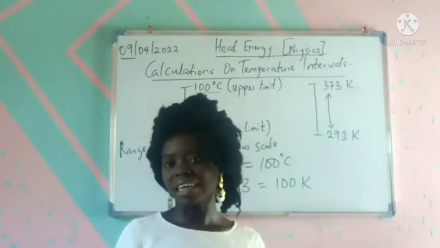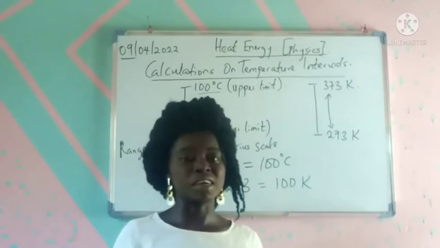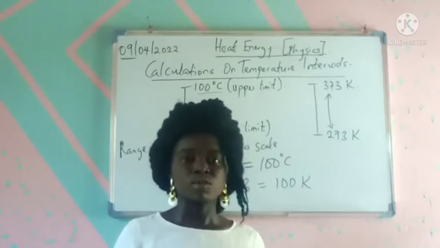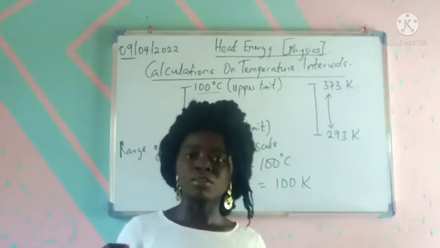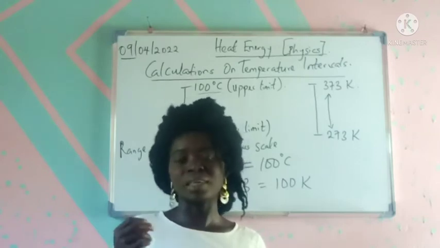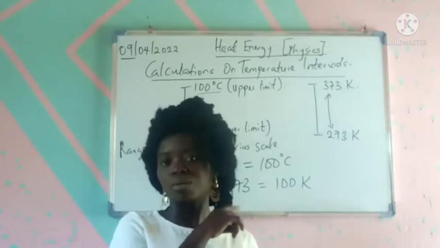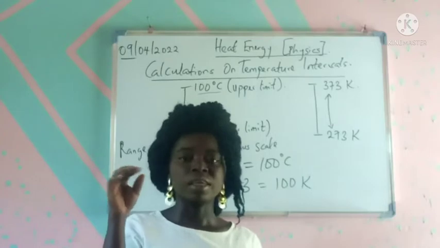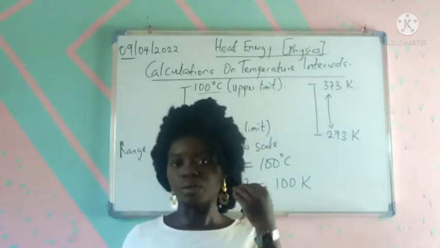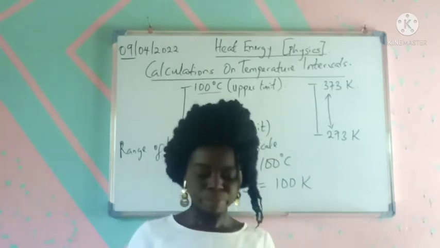But don't forget, the standard is still that the upper limit must be 100 for boiling water and then 0 degrees for freezing ice. So whatever you are given, I'm going to advise that the first thing you do is to bring out your normal temperature scale. That's the standard, which is going to be 100 degrees for the upper limit and 0 degrees for the lower limit. So easily interpolate your values.